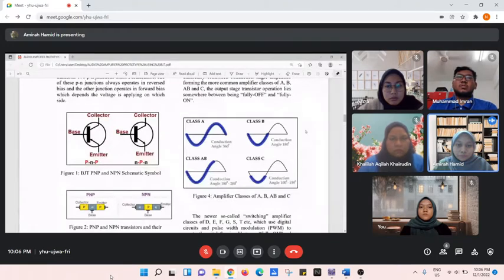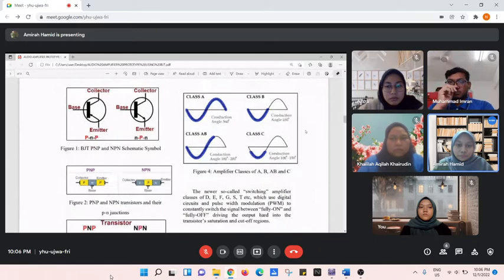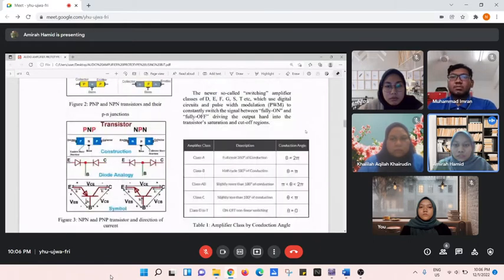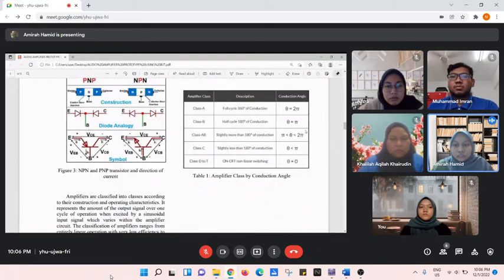This is the conduction angle for class A, B, and C. For class A we have full cycle 360 degrees of conduction, and class B we have 180.